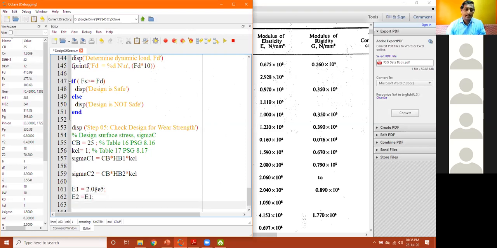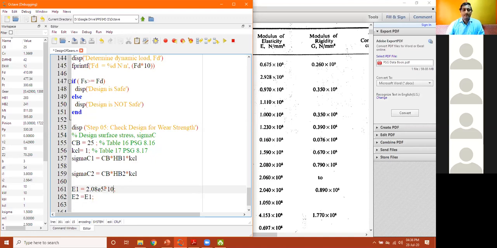But this value is in Newton per millimeter square, so to convert into kgf per centimeter square, you multiply by 10 essentially.